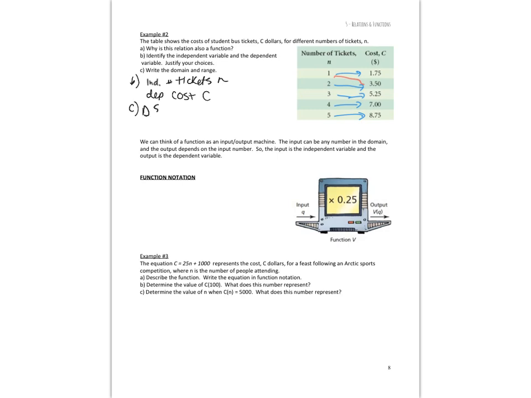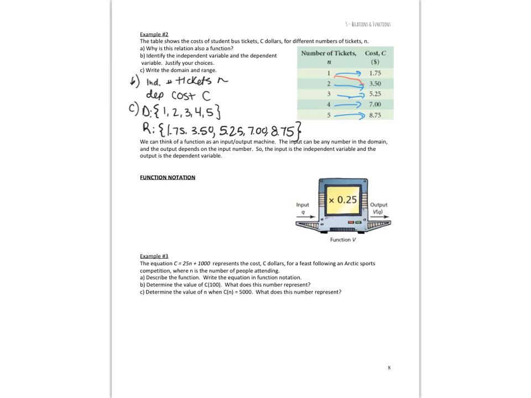The domain is our independent variable. So that'll be our 1, 2, 3, 4, 5 tickets. And our range is the cost values. So $1.75, $3.50, $5.25, $7, and $8.75.